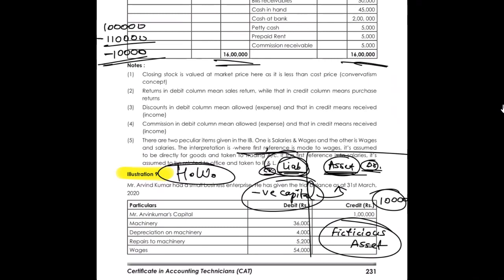And what is the fictitious asset? It is your negative capital. So obviously, if I have got a loss of 1 lakh 10,000 and my capital was only 1 lakh, whenever I introduce new capital, let's say I've introduced 90,000 more, this 10,000 will be adjusted, and on the credit side, I will write only 80,000. So that is the concept.